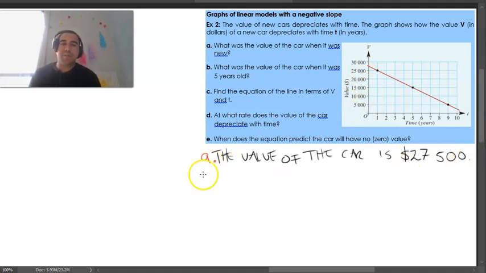Next question, B. What was the value of the car when it was 5 years old? So we're now expecting this value to be lower than what it initially was because it's now going down in price.